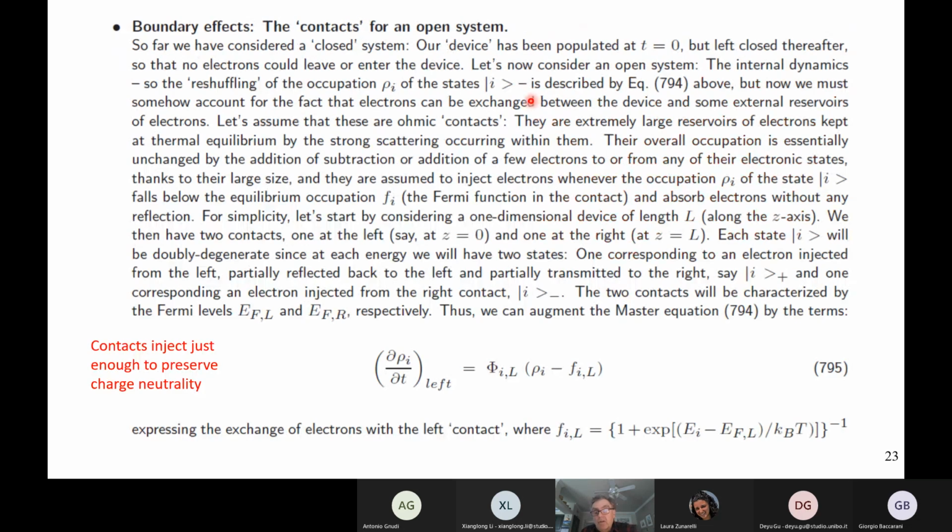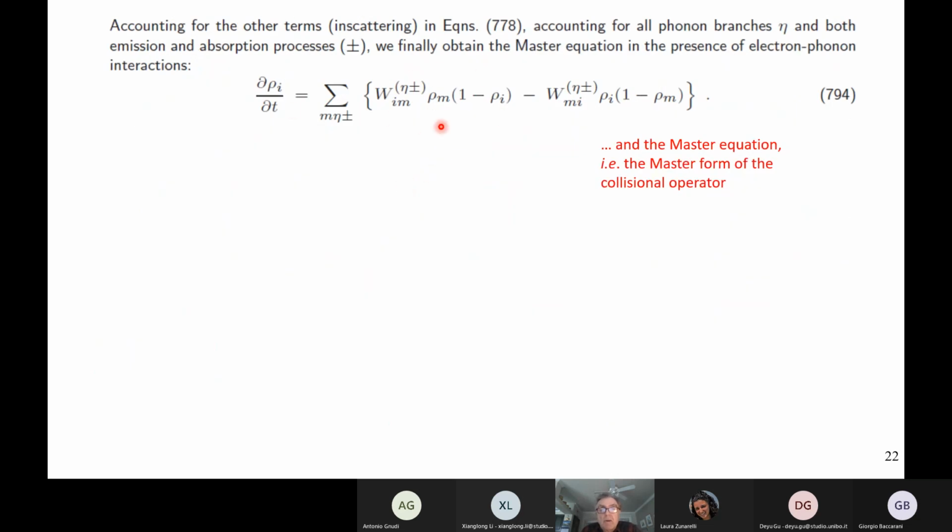Okay. So far, again, please stop me if you have any question. So we're almost there, but not quite. So what we've done is we've looked at our system. It was described by a diagonal density matrix at t equals 0, phonons at equilibrium, electrons in some off-equilibrium distribution, but diagonal.